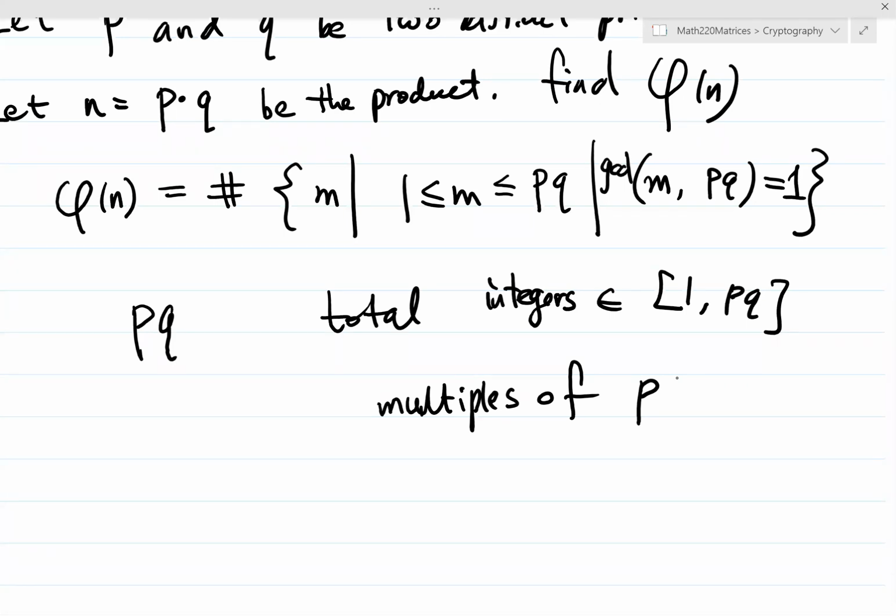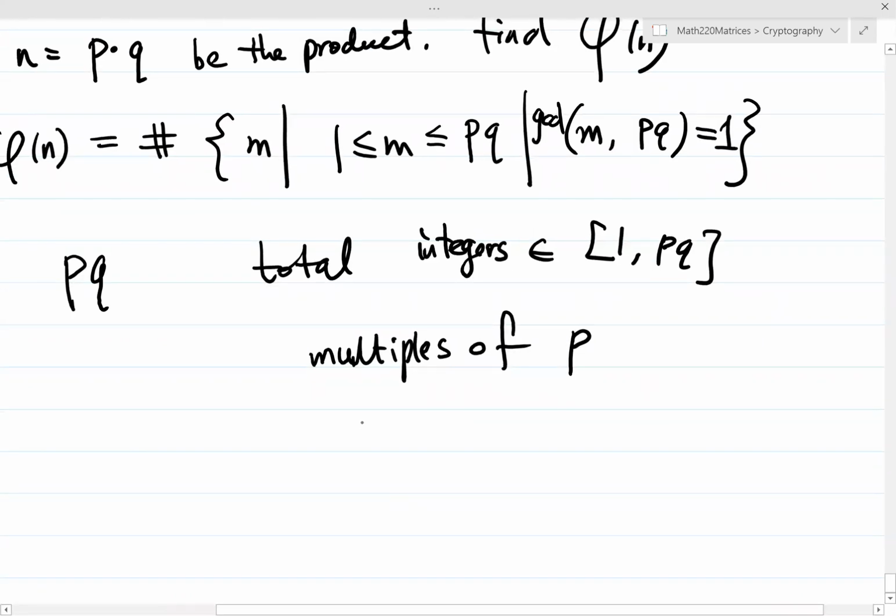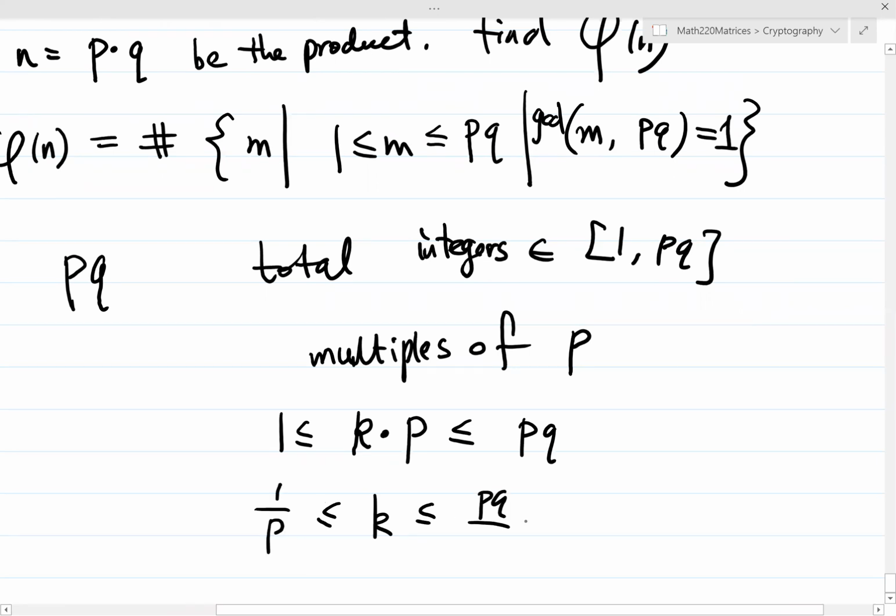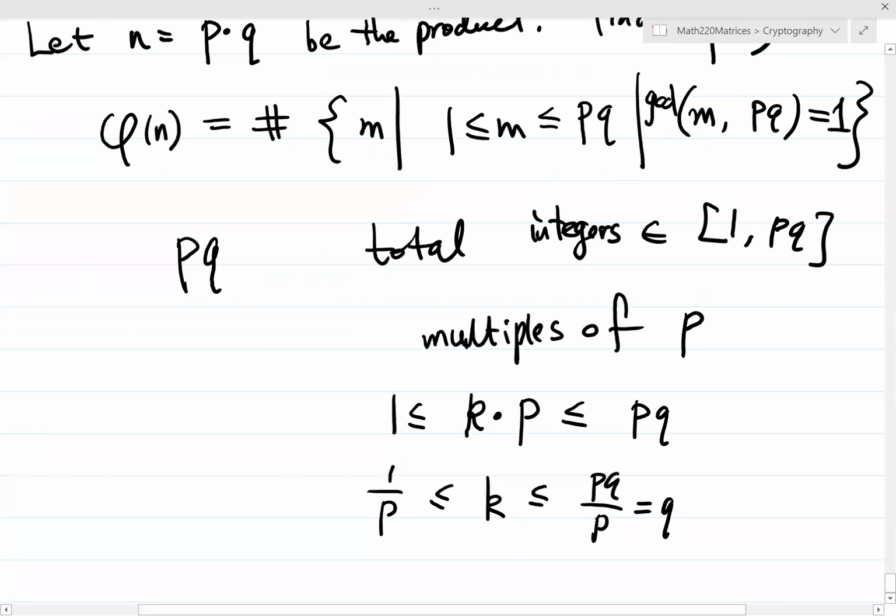We need K times P from 1 to PQ. So K is from 1 to PQ over P, which is Q. So K is from 1 to Q, and there are exactly Q numbers.